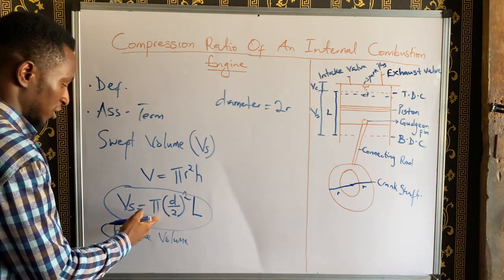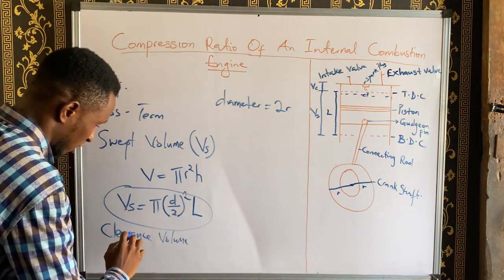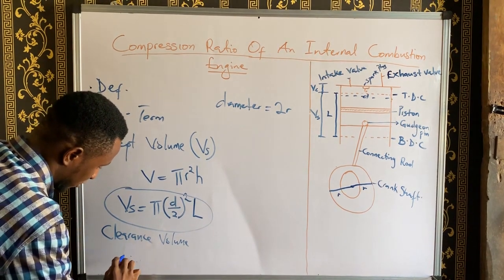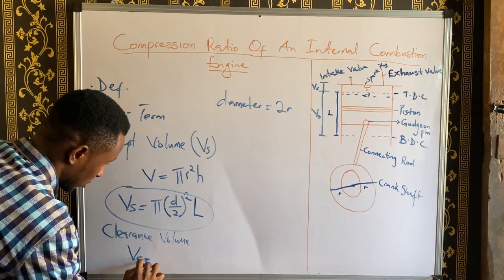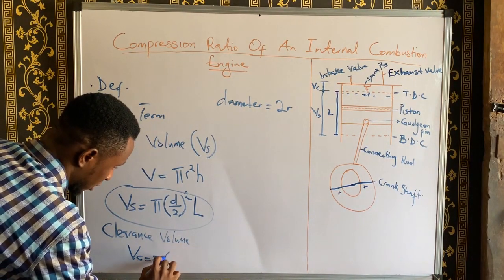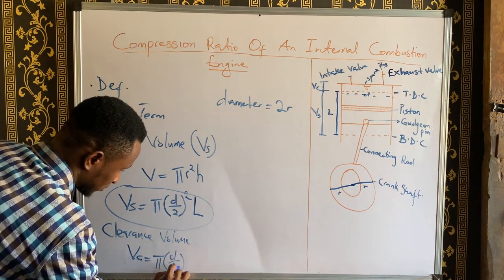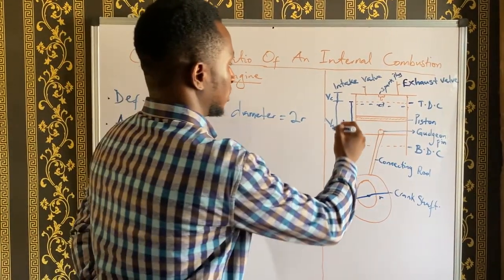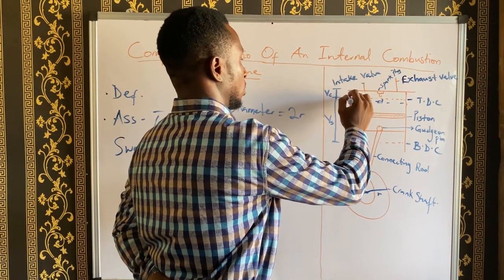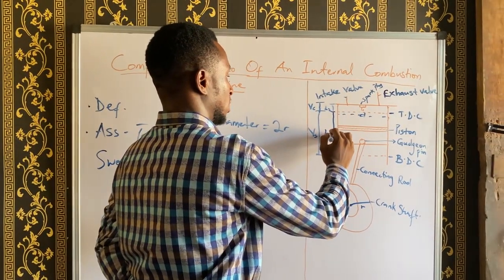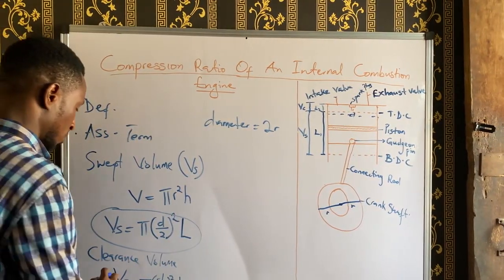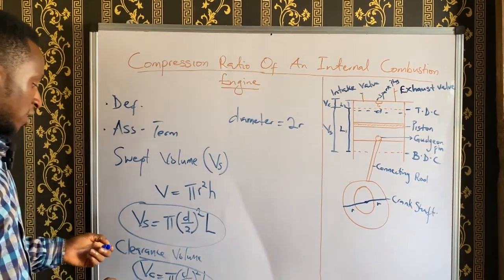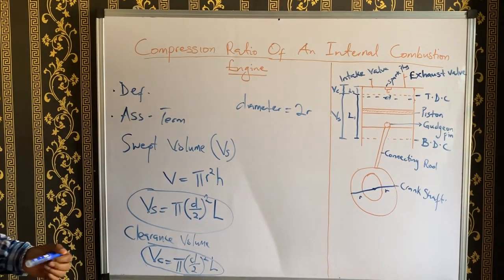So our formula remains the same for clearance volume. Vc equals pi, d over 2 squared, times L. That is this height this time around. So let's call this L2 and call this L1. So the formula remains the same for the swept volume and the clearance volume.